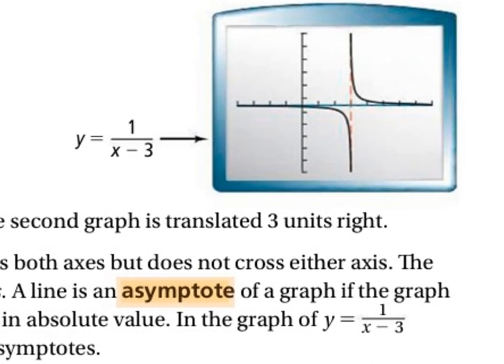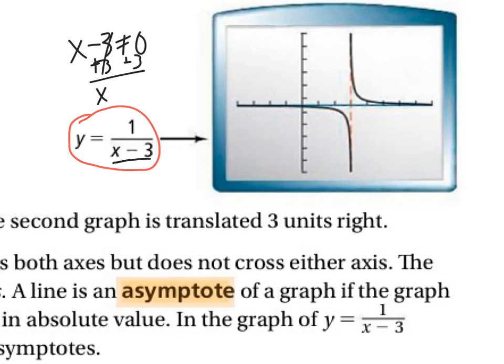we've got is, instead of 1/x, we've got 1/(x minus 3). So for this, if you think about that, the denominator x minus 3, well, that can't equal 0. So that means x cannot equal 3. So before we had x can't equal 0, now we have x can't equal 3.